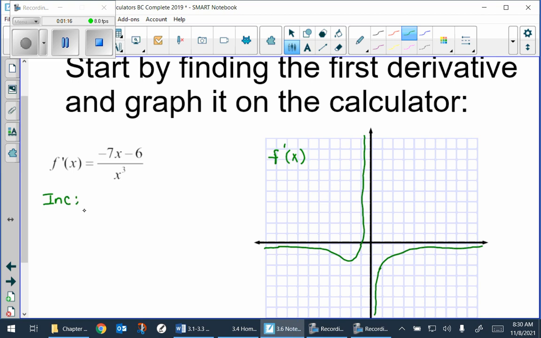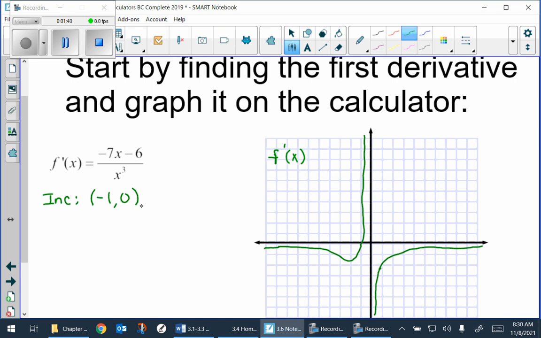Where is the derivative positive? I think from -1 up to 0. Any other times? And I'm not going to include either one of those. Now, are you confident that that's really -1?